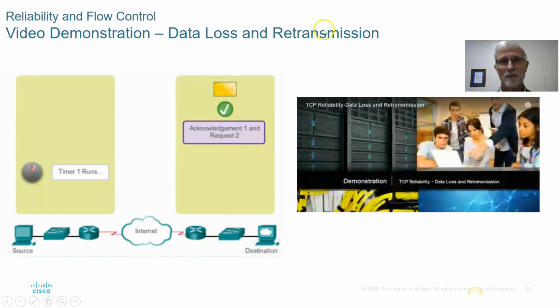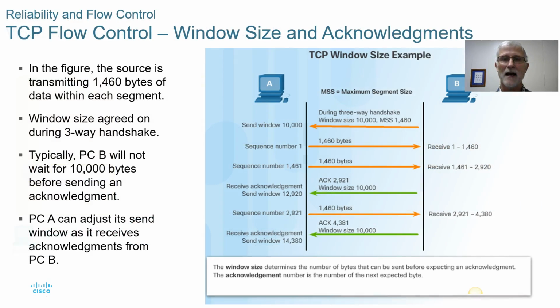Same thing with the video on loss and retransmission. I would highly recommend you take a look at that, because all that deals with flow control. When we set up the session here in this example, we want 1460 bytes of data in each segment.